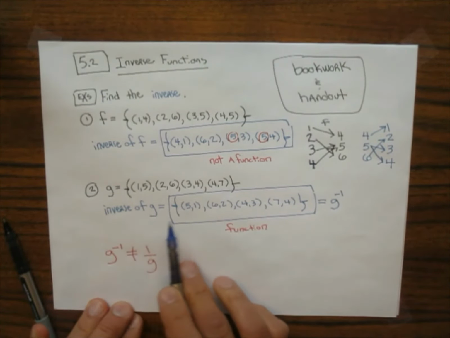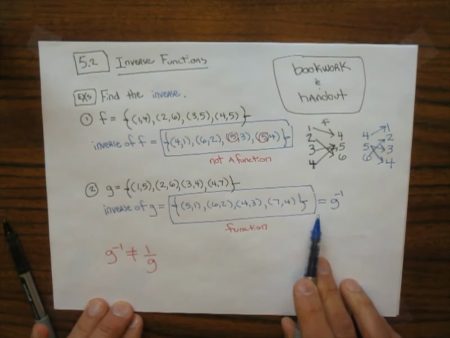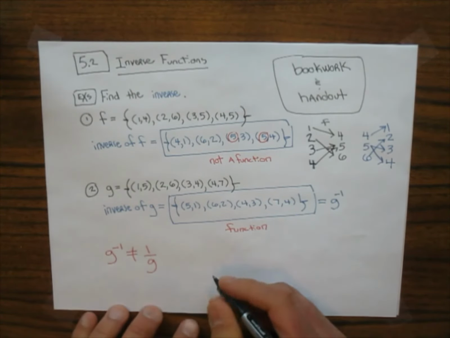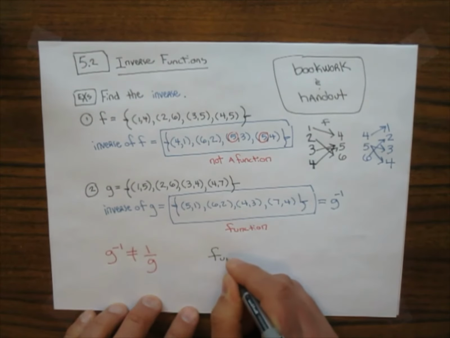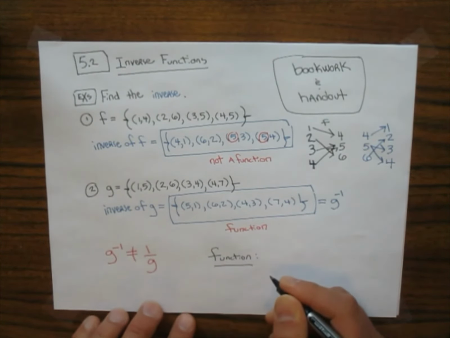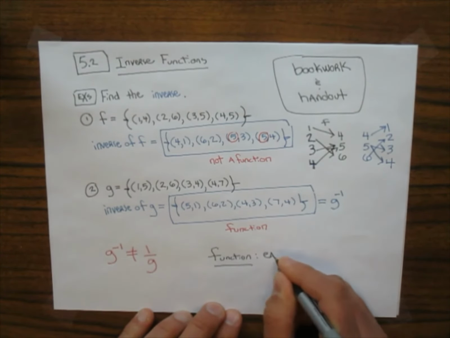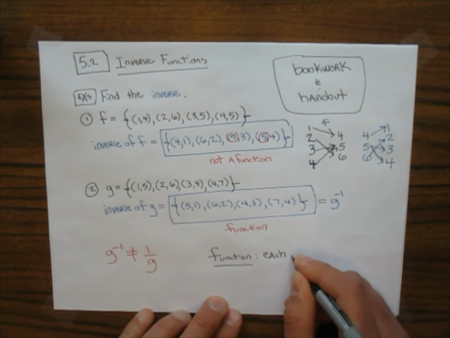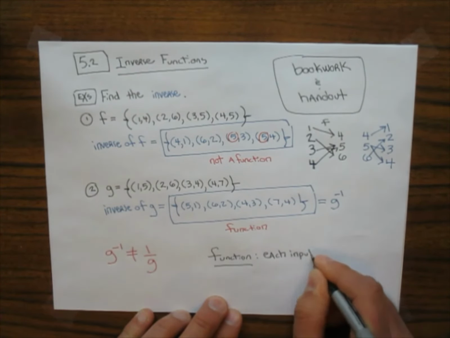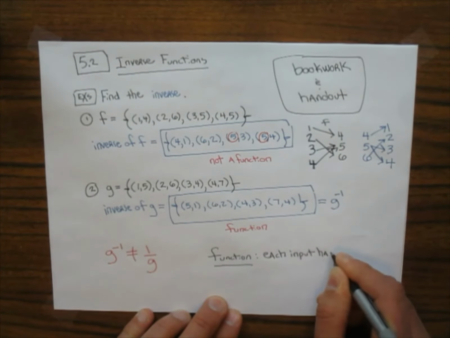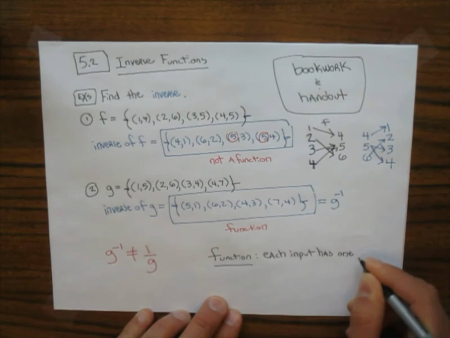So when a function has an inverse that's a function, so when a function has an inverse function, then that function is called 1-to-1. So let's write some of this down. A function is a relation, a correspondence between inputs and outputs, where each input has one output.